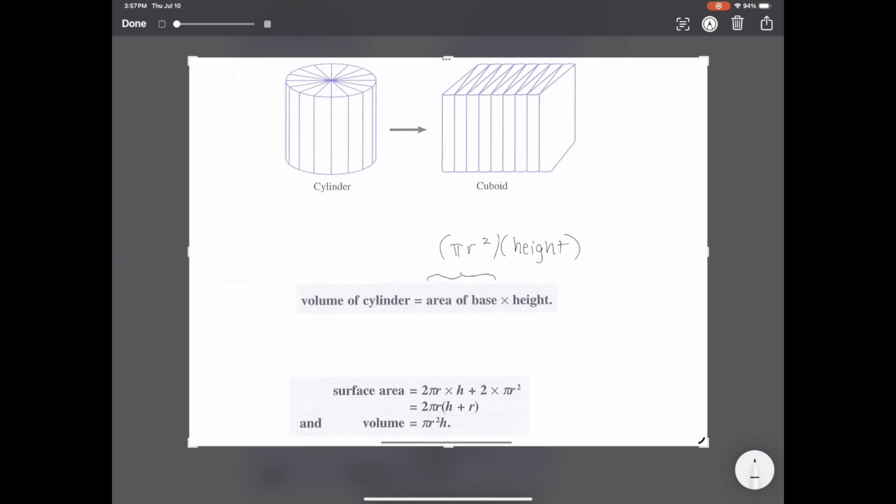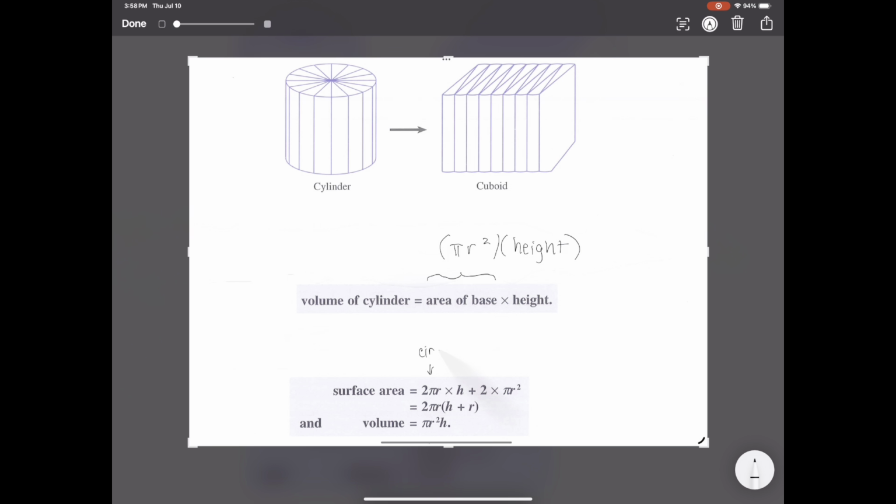The surface area of this cylinder equals 2 pi r times h plus 2 times pi r squared, or the area of the base and area of the top. So the surface area equals 2 pi r times h plus 2 times pi r squared, which can be simplified as 2 pi r (h plus r).